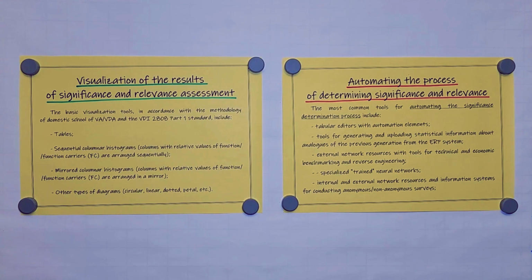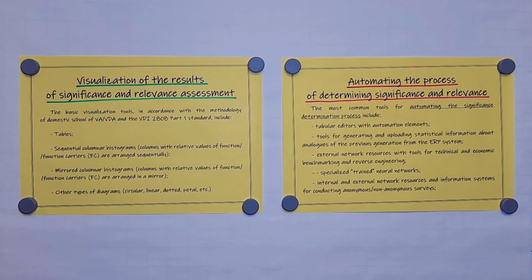And the last: the automation tools discussed on this slide are mentioned in the table of methods for determining significance, in the section Tools and Resources of our table. It was discussed above.